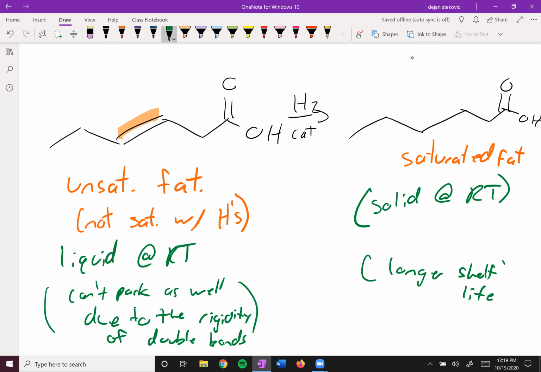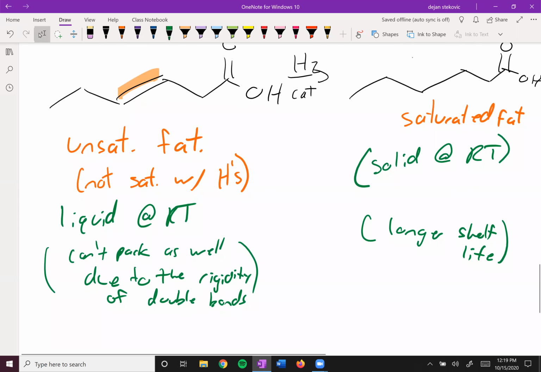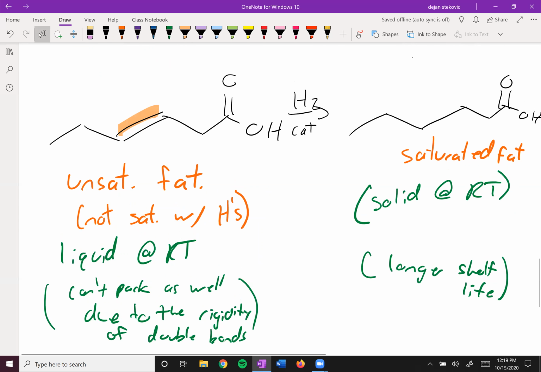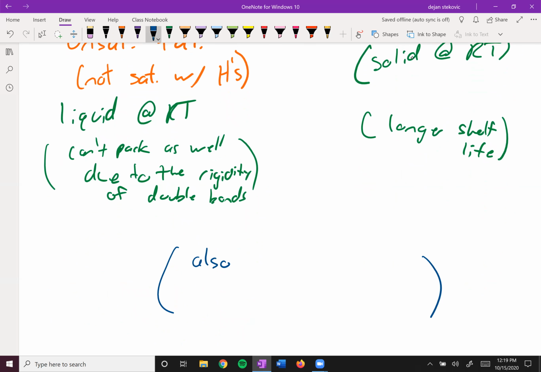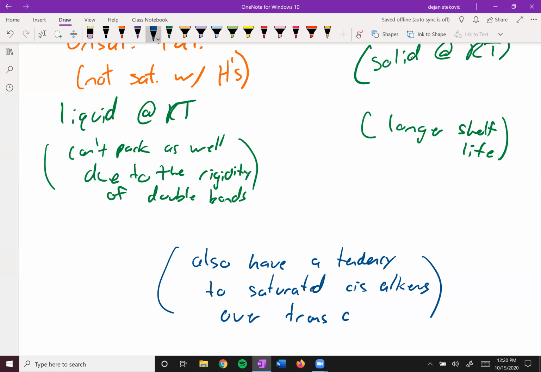So it's kind of a reduced cost type of thing. And so that's one negative of this hydrogenation. You go from these unsaturated fats to these saturated fats. And then these things also have a tendency to saturate cis alkenes over trans alkenes.